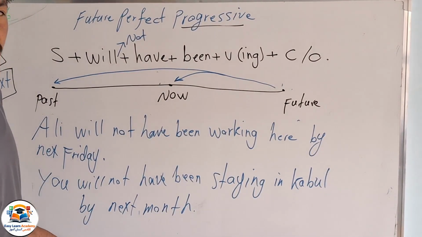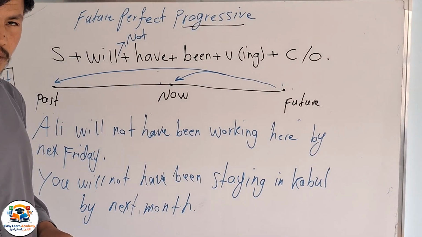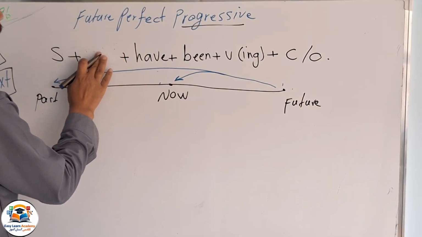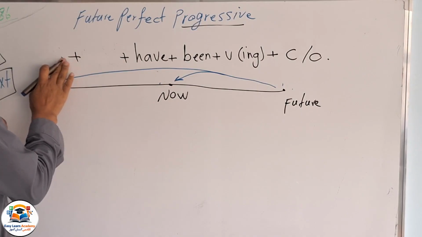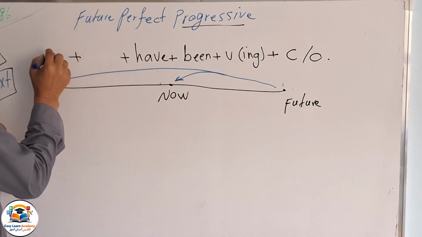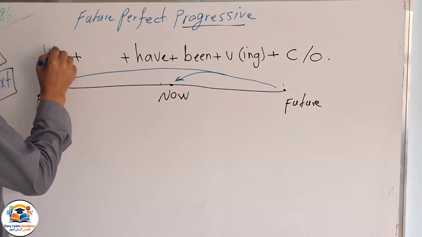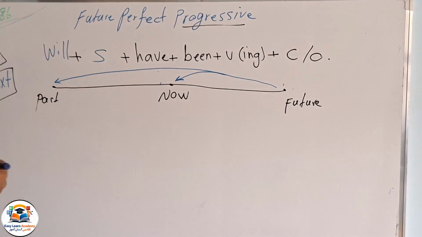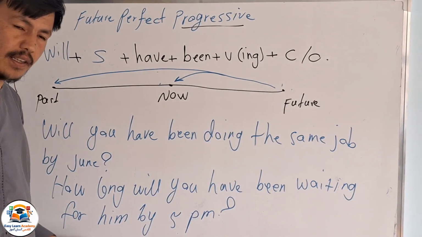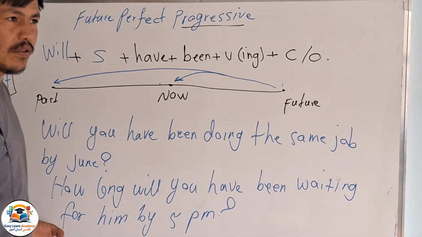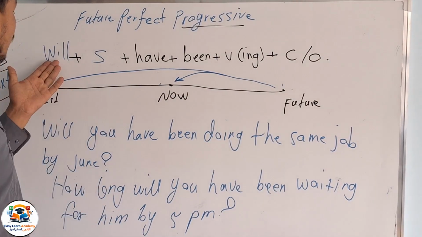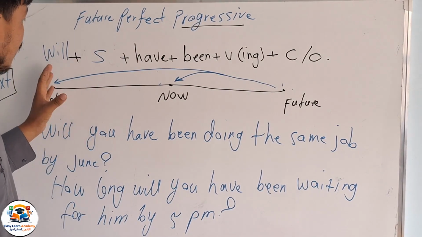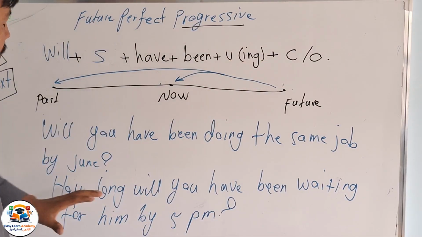So this is the negative, and let me just give you some questions as well. In question structure, in a yes-no question actually, we need to change these 2 parts. Then will is here, and then we have the subject here. I have written 2 questions. One is yes-no and another one is WH. For a yes-no question, we will bring will to the beginning of your sentence, then subject, and then the rest are the same.